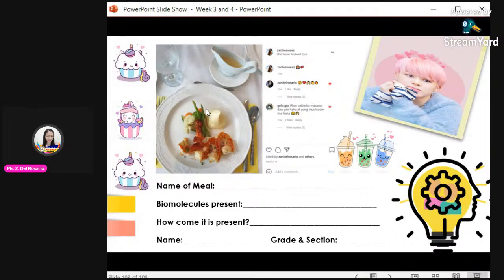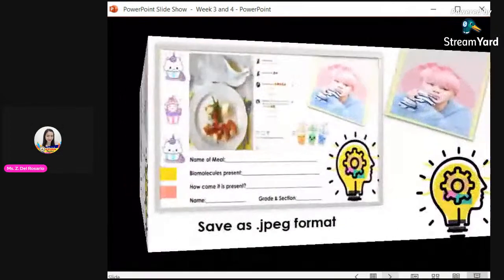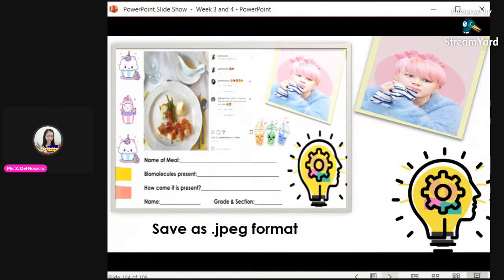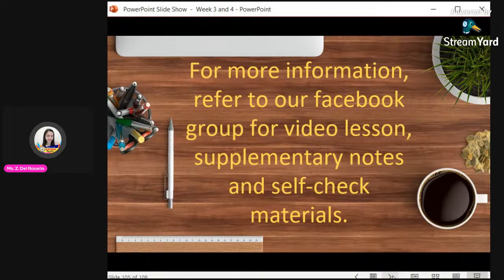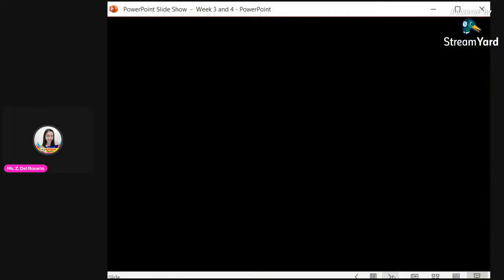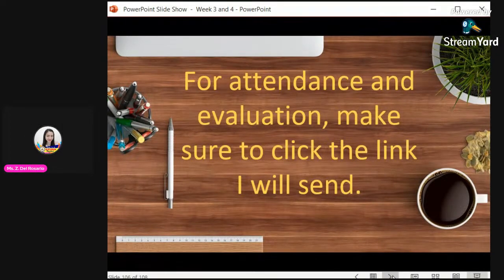Then afterwards, explain why those biomolecules are present. So if you have said that those are carbohydrates, then how come that is present? Then afterwards, write down your name and grade and section. So make sure to save that as a picture format or a JPEG format. For more information, everything is already uploaded in our Facebook group.